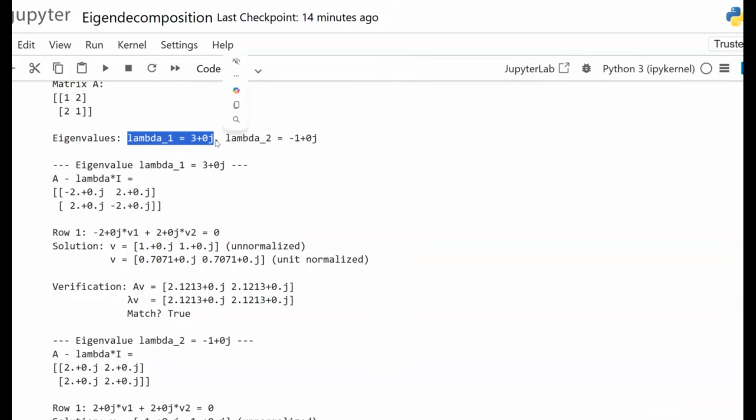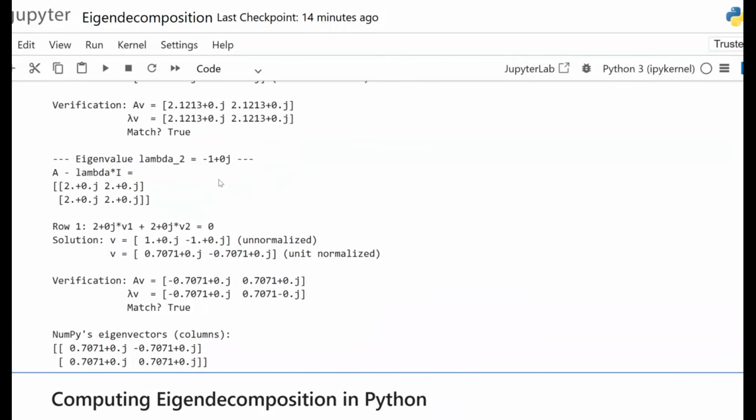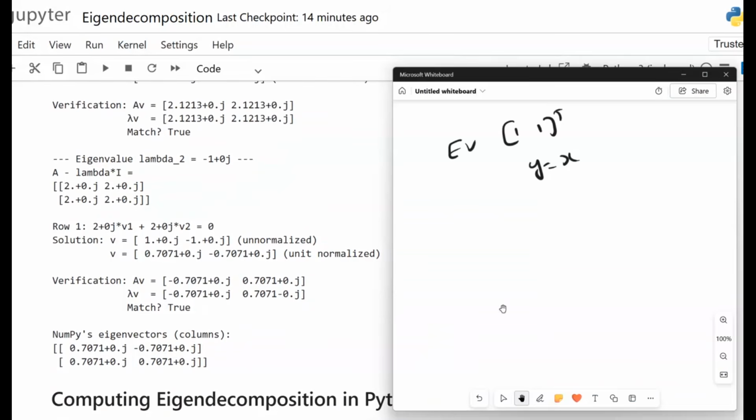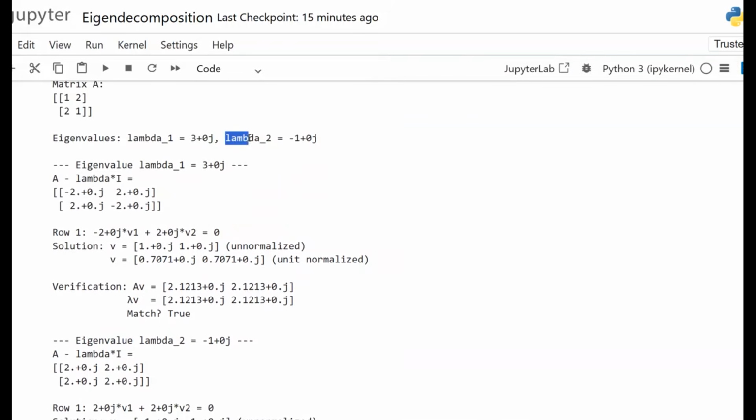The second case is the eigenvector [1, minus 1] transpose. Here the direction is along the line y equal to minus x, and it is reflected and scaled by a factor of minus 1. So for lambda 2, the factor is minus 1.